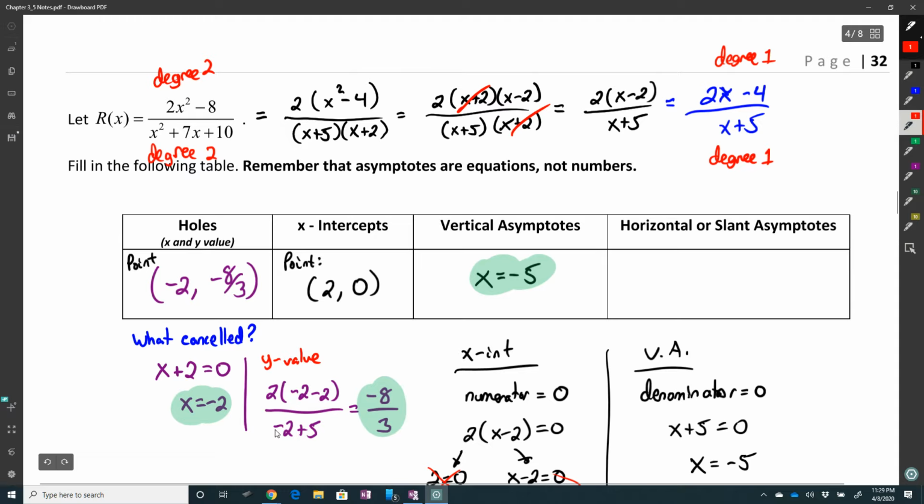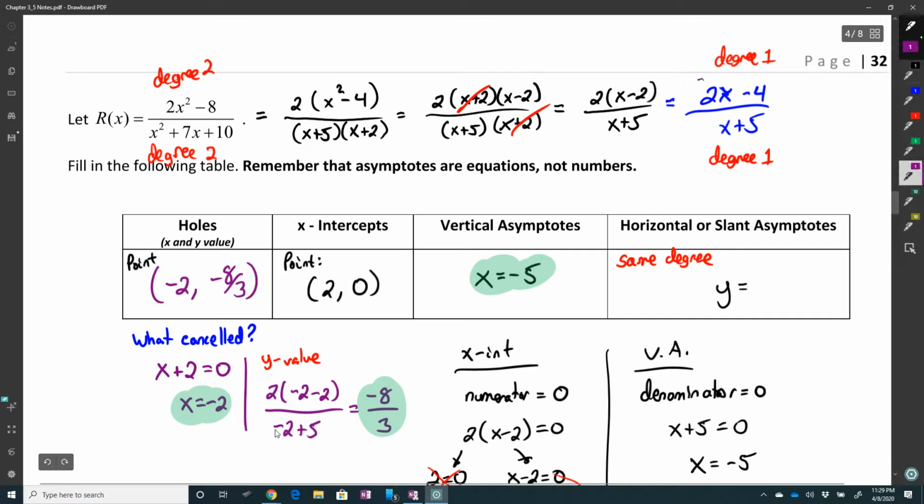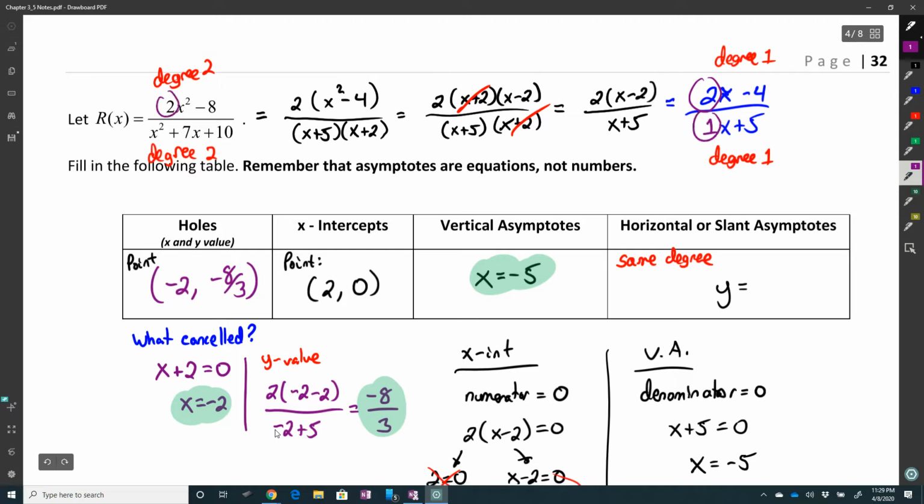So they're the same degree, and so your answer is going to be y equals, and then you divide the leading coefficients. My leading coefficients were 2, and the number in front of x is 1. So the answer is 2 over 1, which I can just write as 2. There you go.